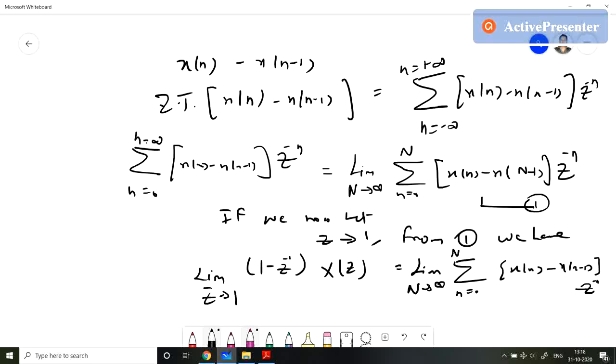Finally, what we will get here is limit z tends to 1 of (1 minus z inverse) into X(z) is equal to limit N tends to infinity x(N). So this is called the final value theorem.